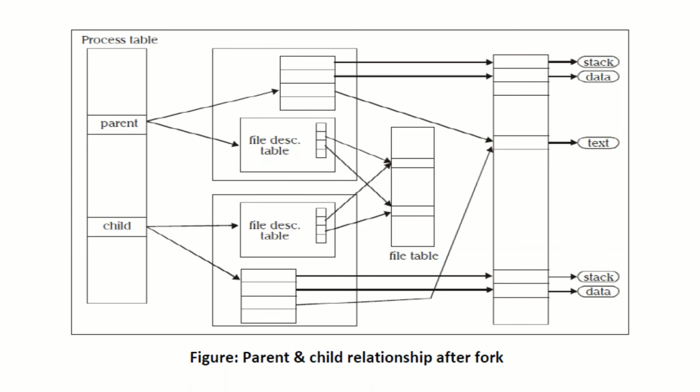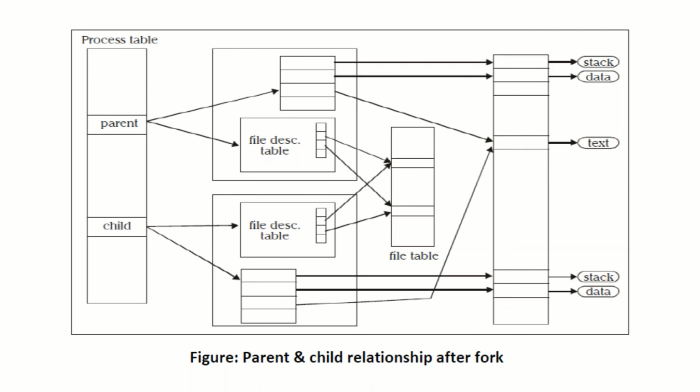Also, it has the file descriptor table which contains references to the same opened files as the parent, such that they both share the same file pointer to each opened file.